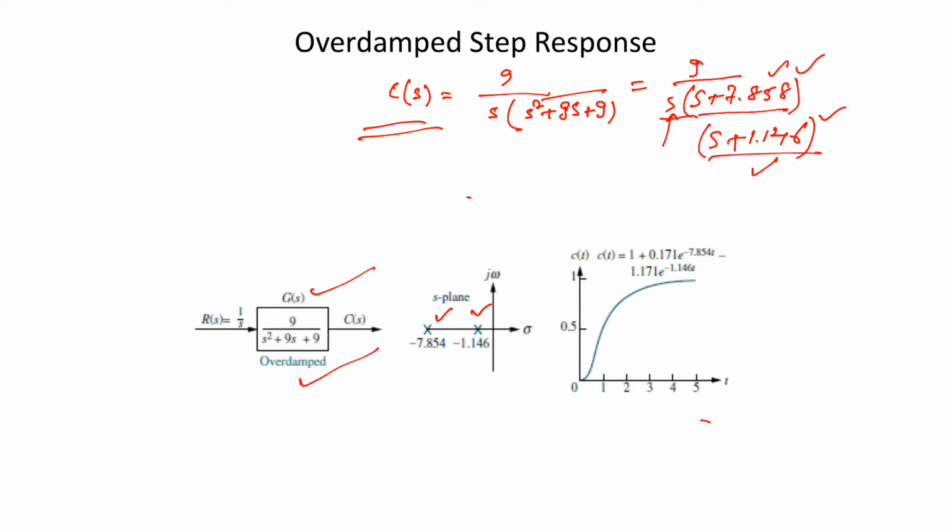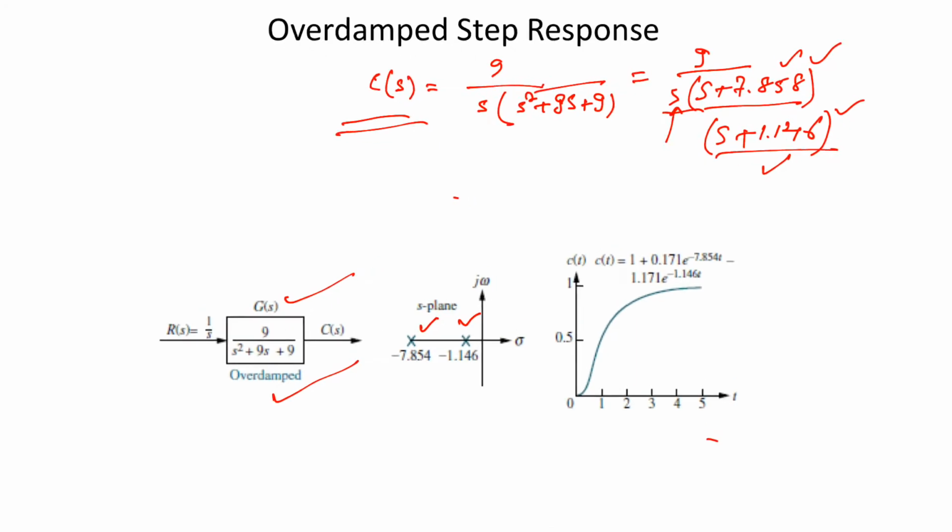Hence the output can be written as c(t) equals k1 plus k2 e raised to the power minus 7.858t plus k3 into exponential of minus 1.146t.